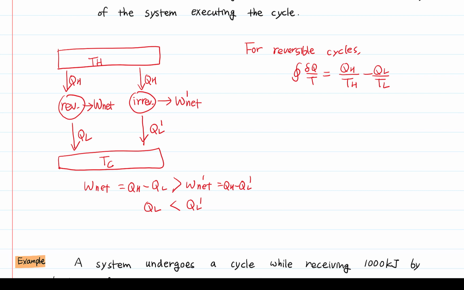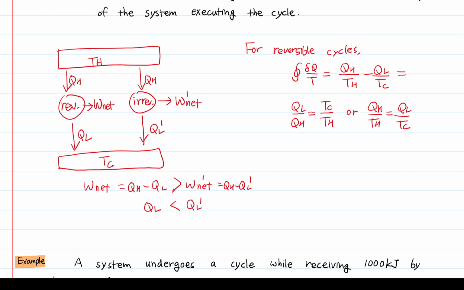The negative sign indicates the heat is rejected from the system. According to Kelvin's absolute temperature scale, QL over QH equals TC over TH. Or we can rearrange the terms: QH over TH equals QL over TC. And let me change this to TC.